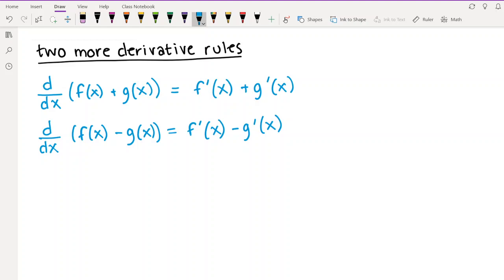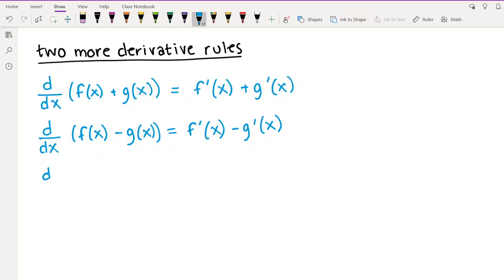Basically, if you write down the limit definition, and I'm not going to do this for the sake of the length of this video, but if you were to write out the limit definition of the derivative with two functions being added together, you could see that you could split it into two limits. And one of those limits would be the derivative of one function, and the other limit would be the derivative of the other function. So these rules actually come directly from the fact that limits work in a way where you can split them up over addition.